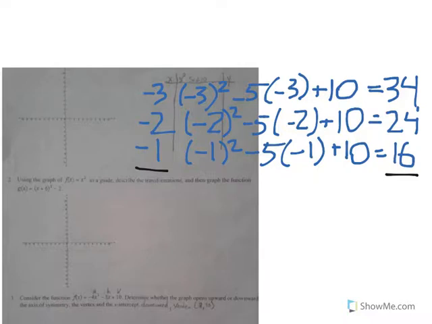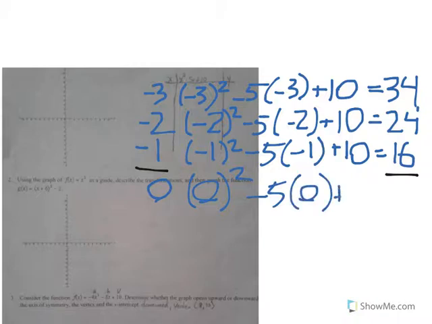Okay, I really want to have at least one point to plot for you. So let's do 0. 0 squared minus 5 times 0 plus 10 is going to be 10.